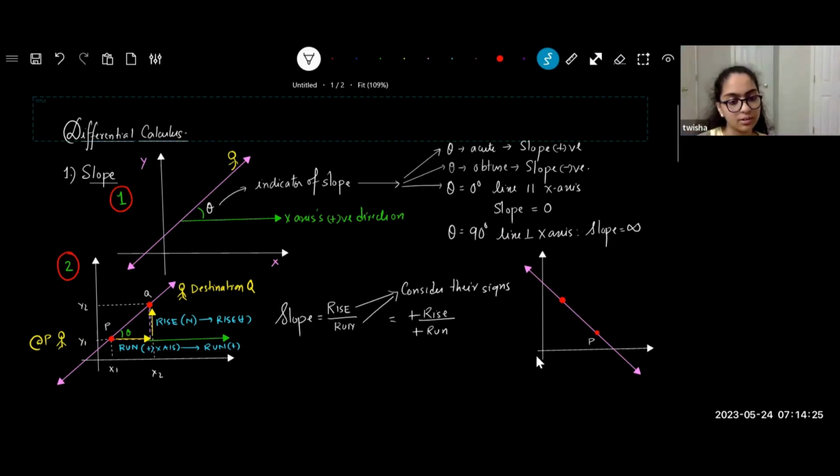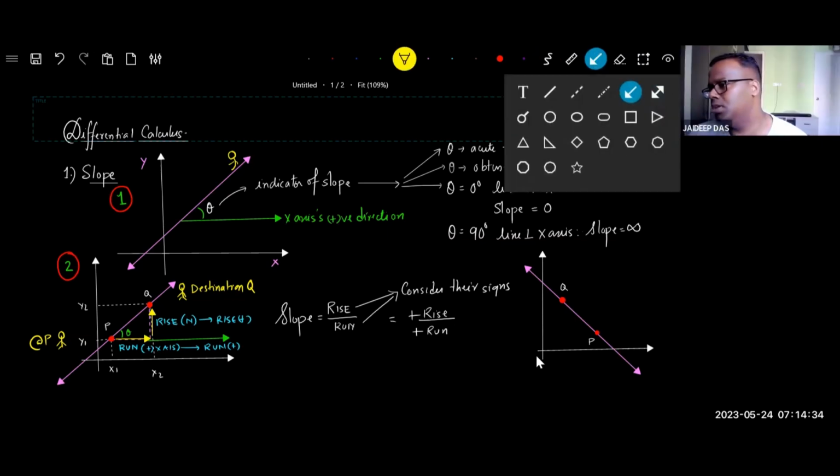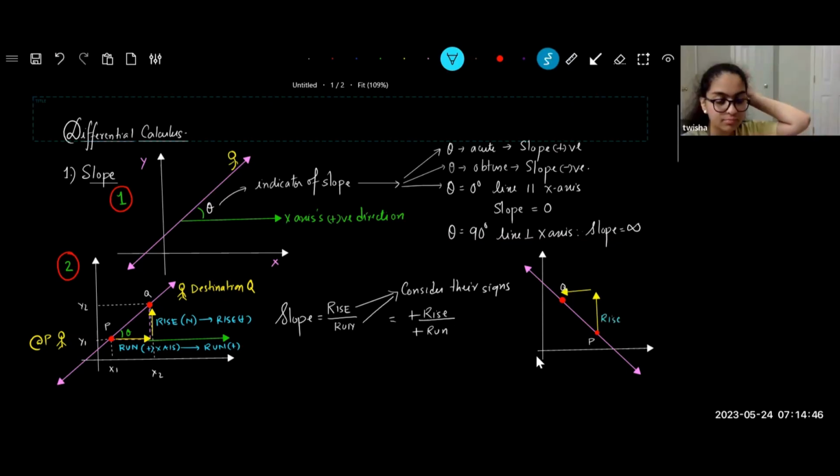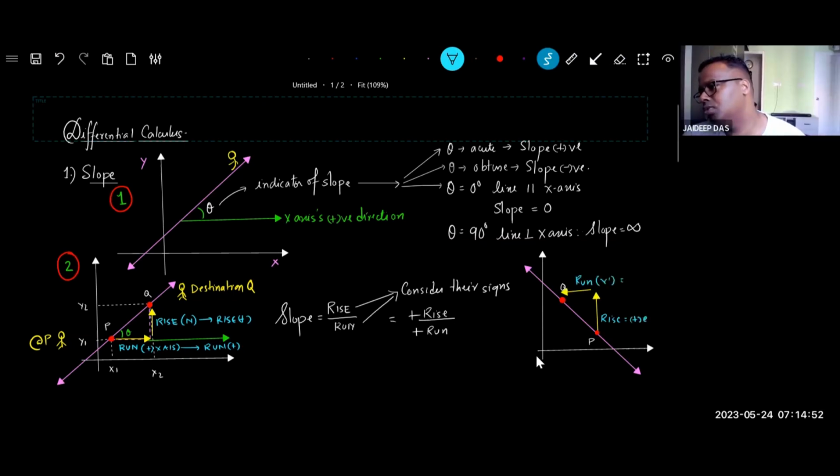Go up and then go left. Okay, so I think she wants to go this way and wants to travel this way. If that be the case, I would say that you are rising north, so your rise is positive, but your run is towards x dash, so your run is negative.